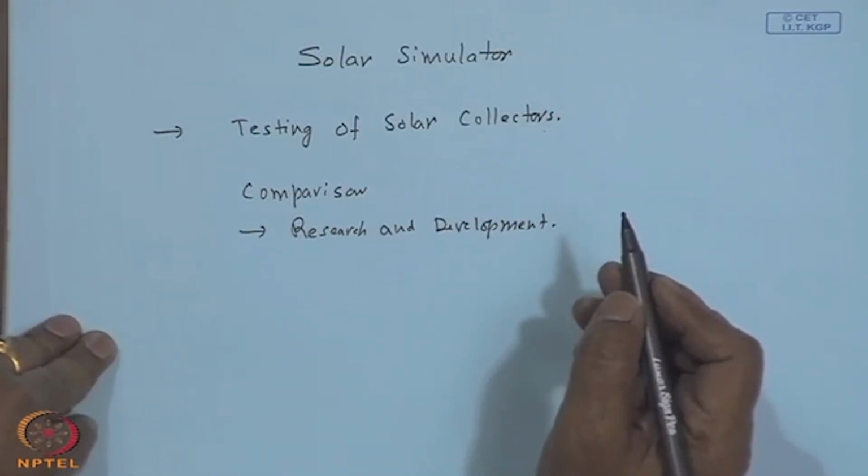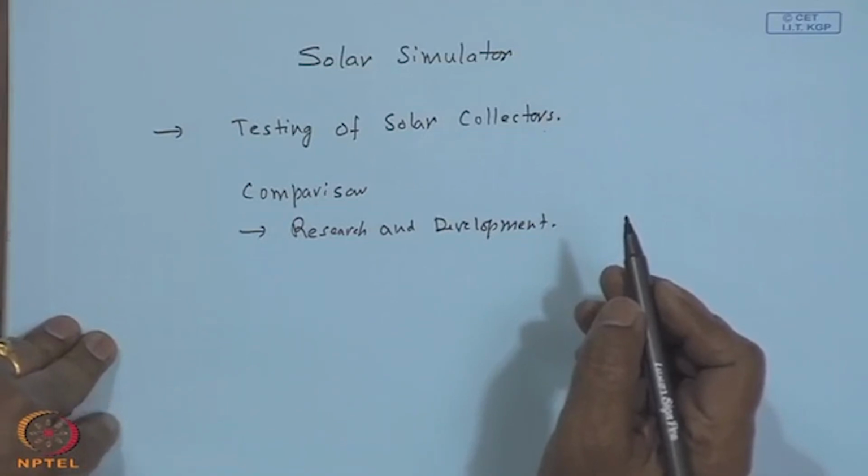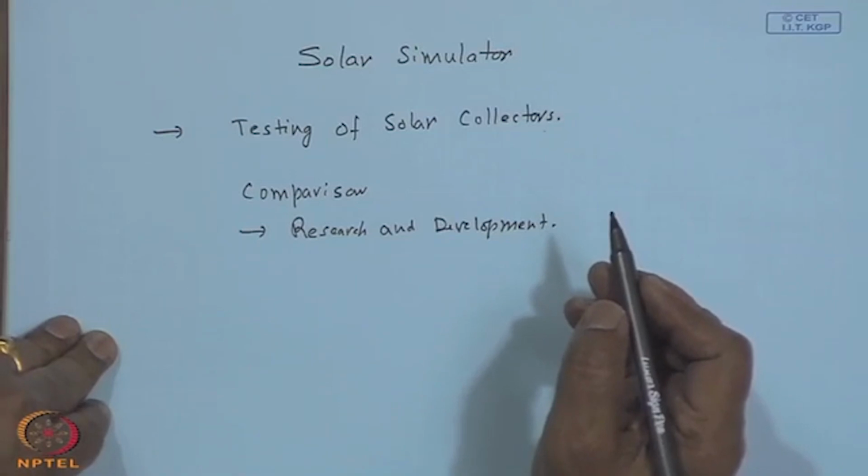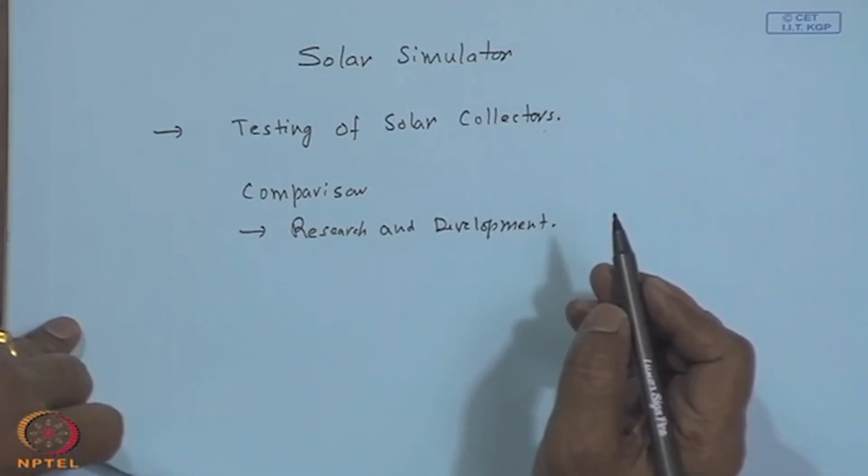Then invariably solar simulators are used. In addition, the advantage is that not only can you have a controlled solar radiation, it can be done indoors and all 365 days of the year without worrying about rain, high wind or any cloudy condition.